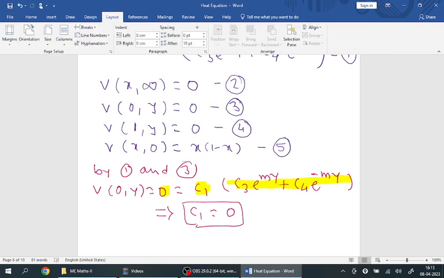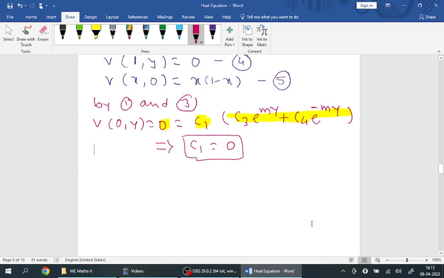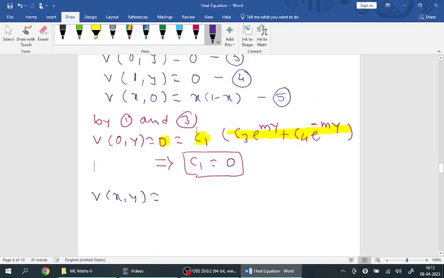So solution 1 will become, v of x comma y will become, now c1 is 0. We have c1 cos mx plus c2 sin mx, yes, correct. Only c2 sin mx is left, into c3 e raised to my plus c4 e raised to minus my. As usual, this c2 can be merged in the bracket.